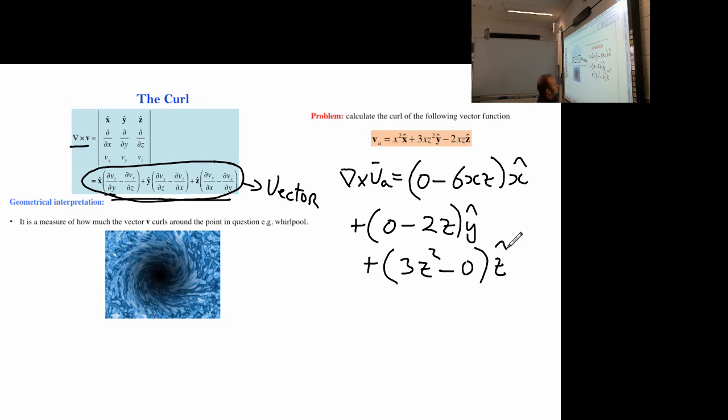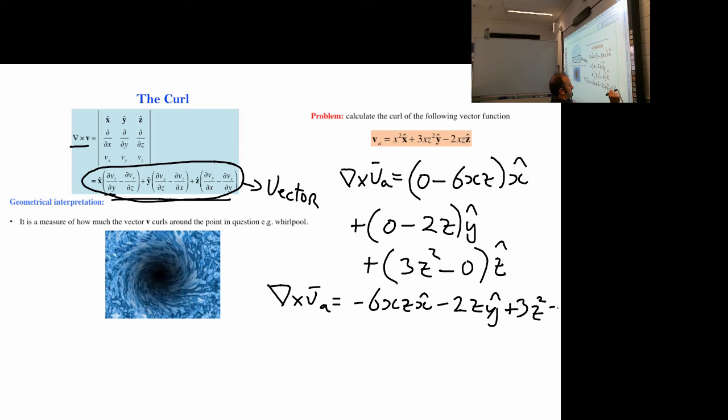Okay, so our curl of VA is equal to minus 6xz x hat, minus 2 y hat, plus 3z squared z hat. Okay, so this is our curl.